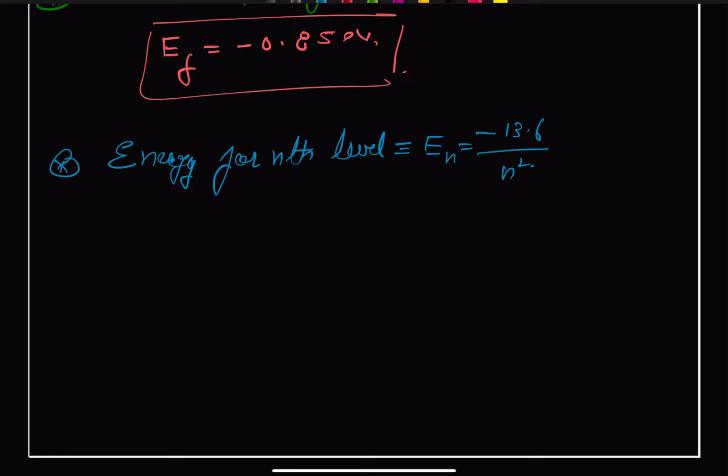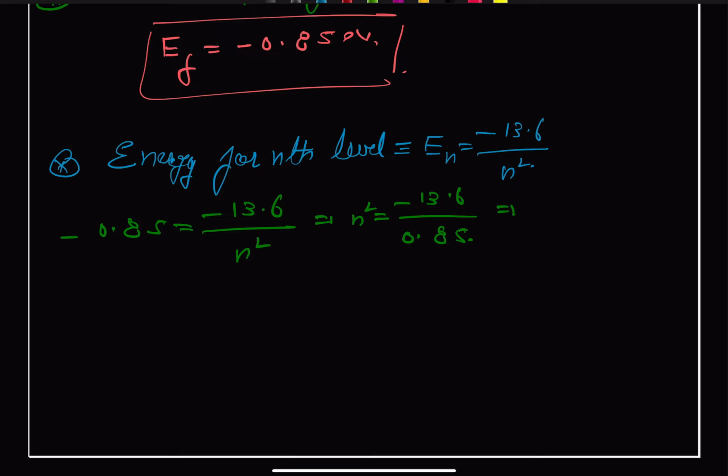So therefore we can write that minus 0.85 is equal to minus 13.6 upon n square. So we get n square is equal to 13.6 upon 0.85.